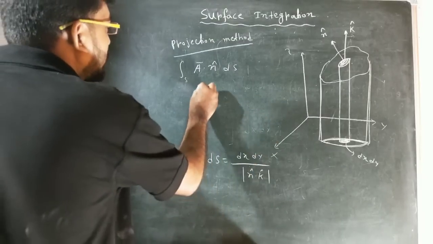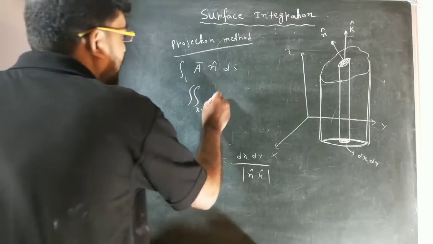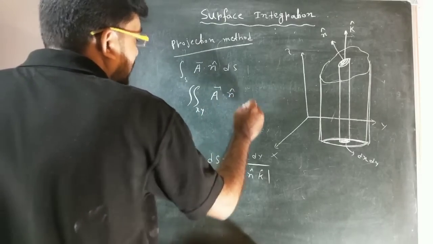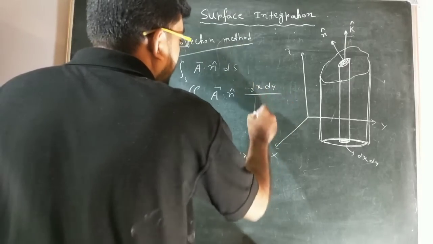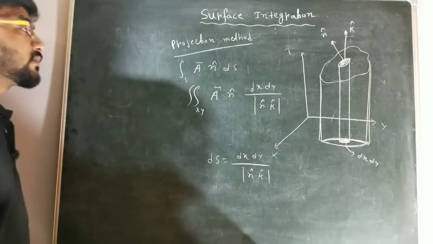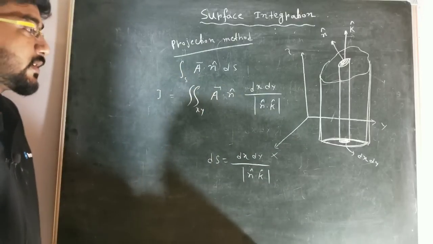If you choose the region as the xy plane, the integration is a dot n cap, and instead of ds we write dx dy divided by mod n dot k, divided by mod n dot k. So this is your integration, and this is the projection on the xy plane.